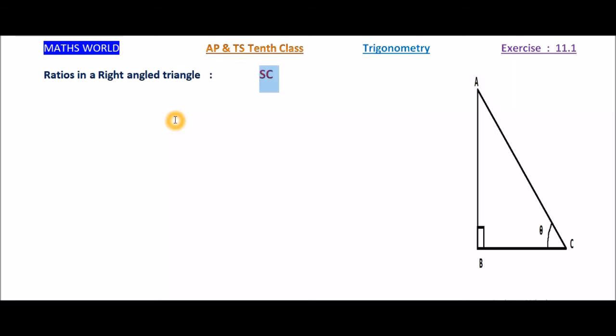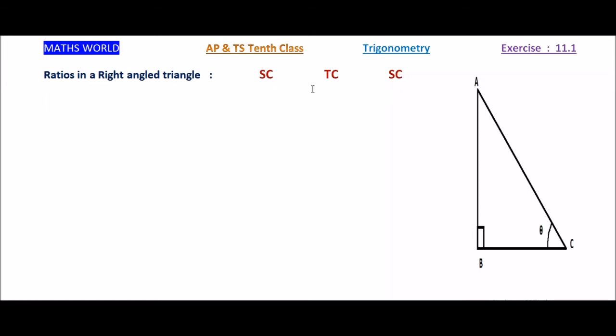The first one, SC, the second one, TC, the third one, SC. S is sin theta, C is cos theta, T is tan theta, C is cot theta, S is secant theta, C is cosecant theta. These are the ratios.